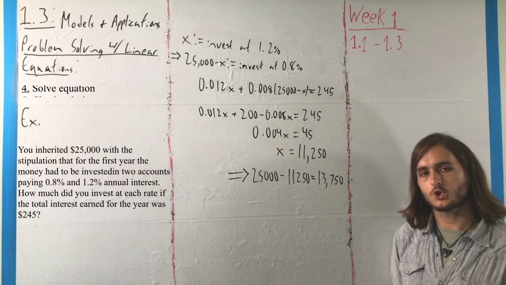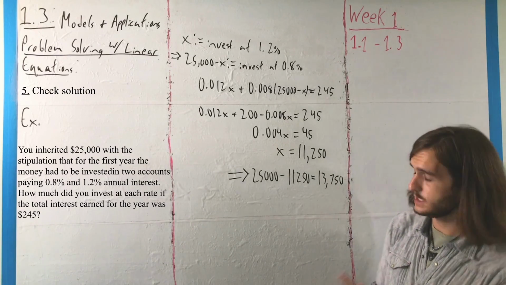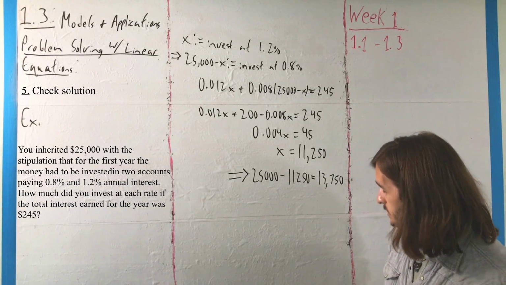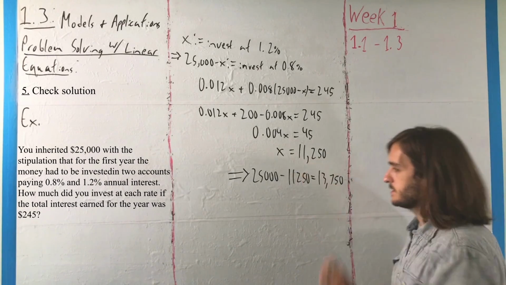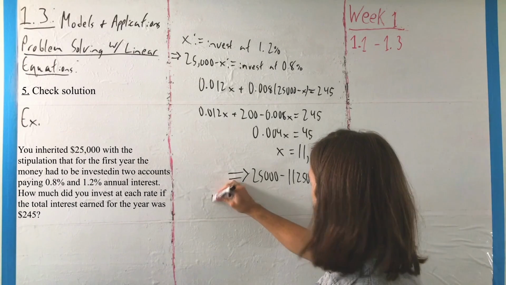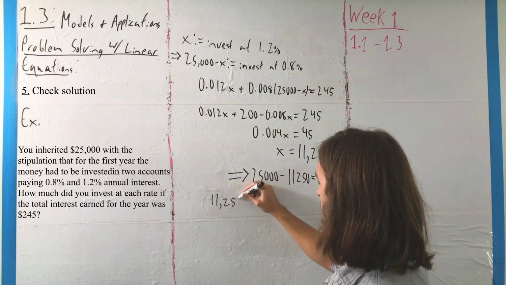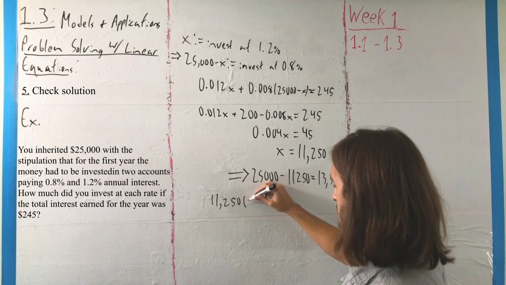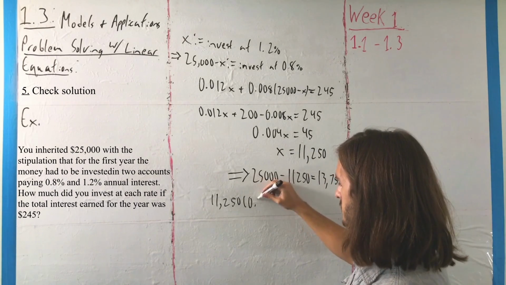To be sure that this is appropriate, that we did get the right amount in each of those strategies, what we would do is take that 11,250 and multiply it by the supposed investment percentage, that is the supposed amount of interest.